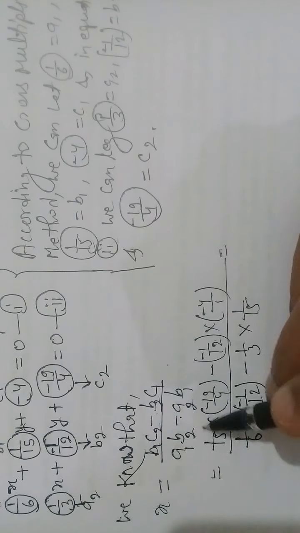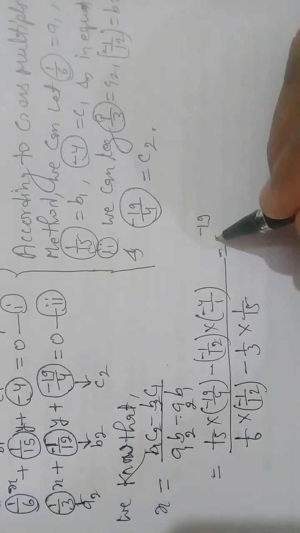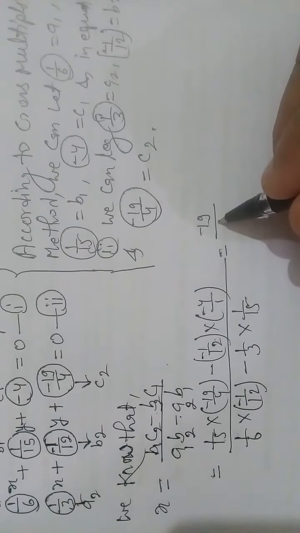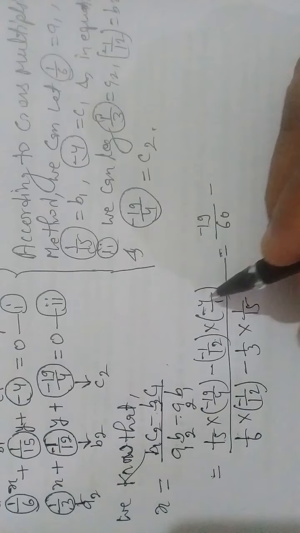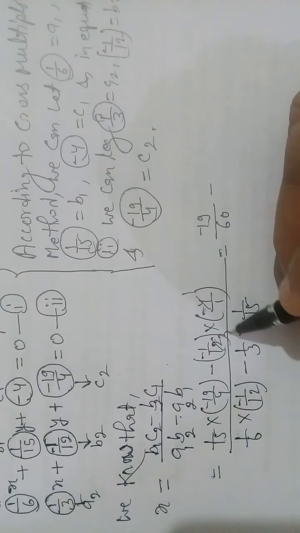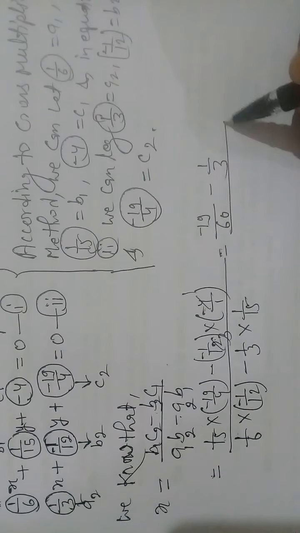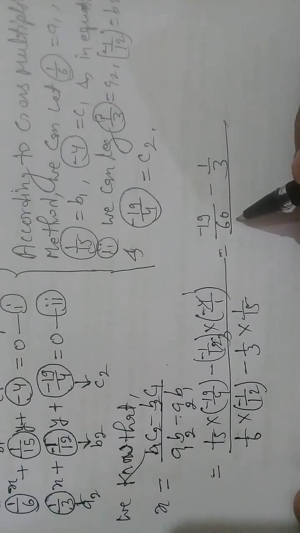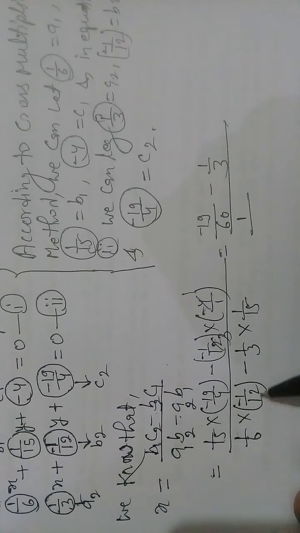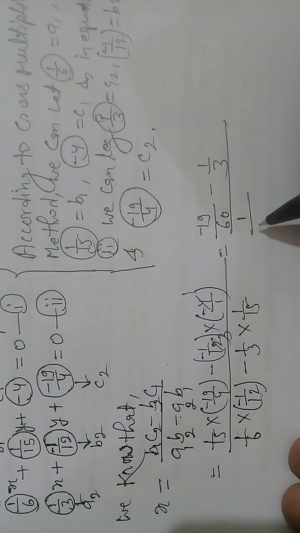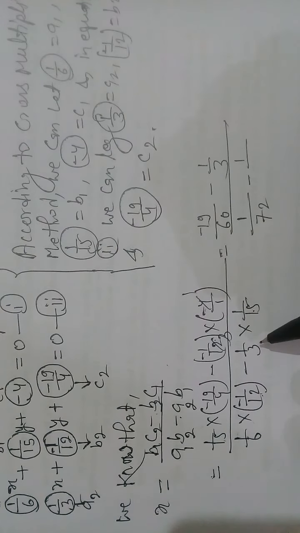Next step: minus 19 by 15 times 4 is 60, minus plus 4 by 12, and minus 1 by 72, minus 1 by 15 times 3 is 45.